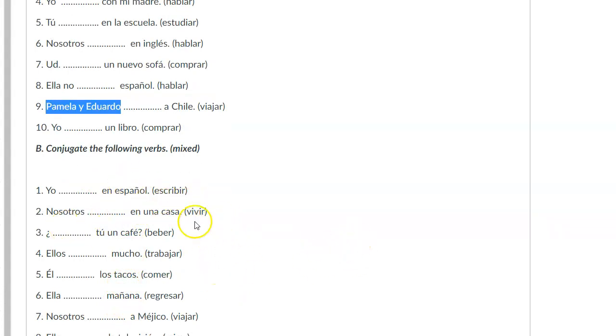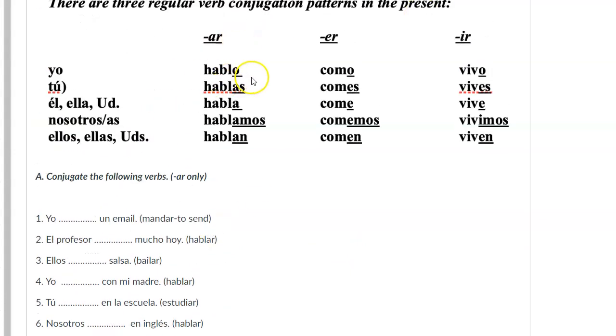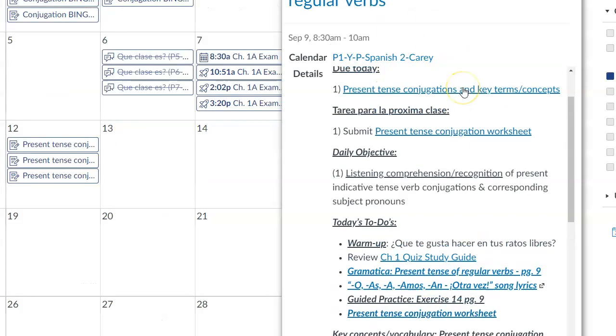All of them are regular, meaning that you just drop the ending and add the present tense conjugation at the very end. Just be mindful, AR, ER, and IR verbs have different present tense endings. That's what got some of y'all in trouble with your bingo assignment, or even the most recent assignment that you guys did for today.